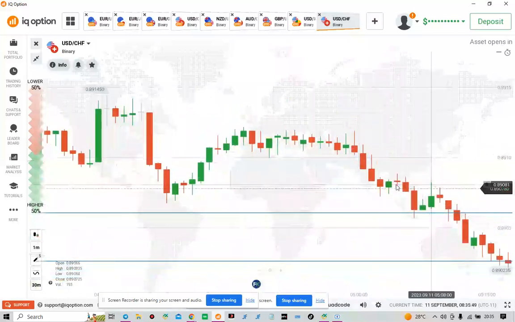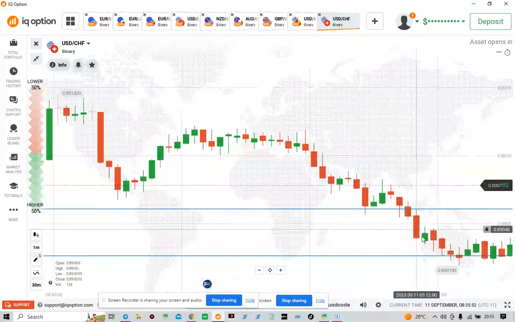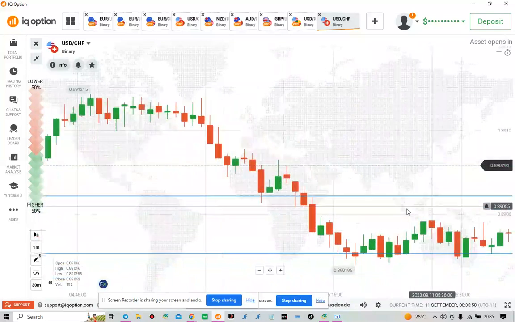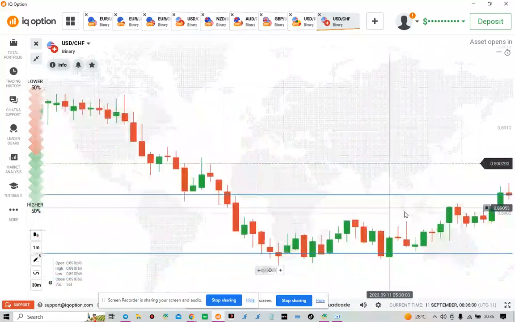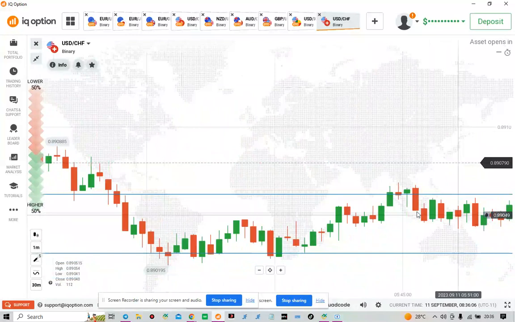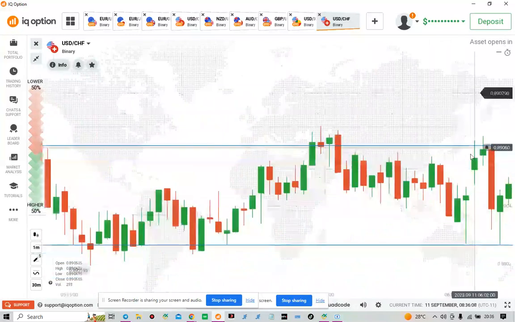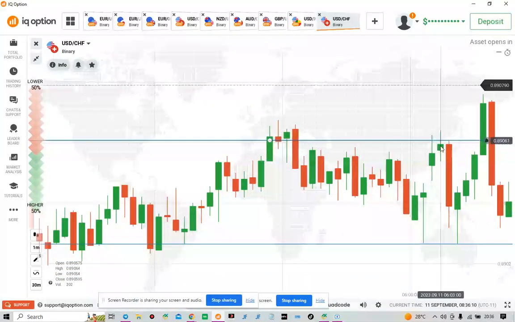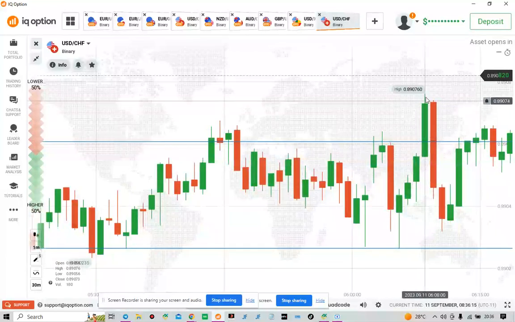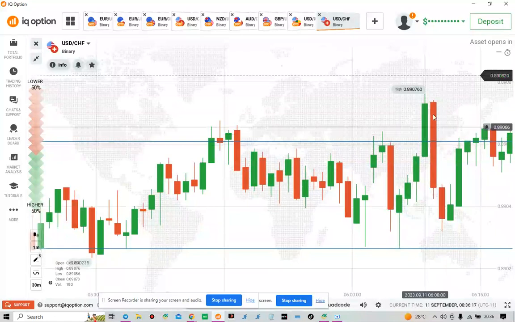Now we have rejection here. You can see the price already broke the line. So what I need is the price to become a resistance. Here you can see the price has become a resistance. The market reverses how many times? Here again, the second time the market reverses. You can see this swoop in price. The price also reverses, but I'm not using this as a resistance.